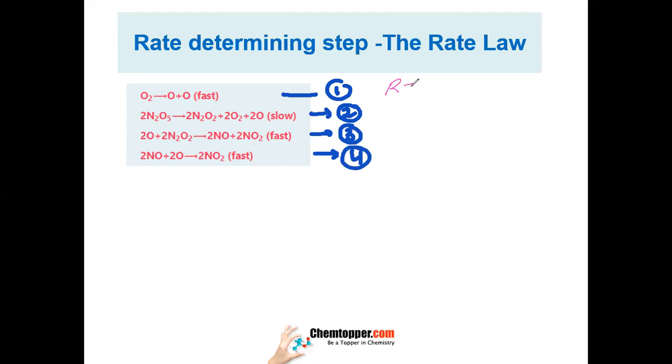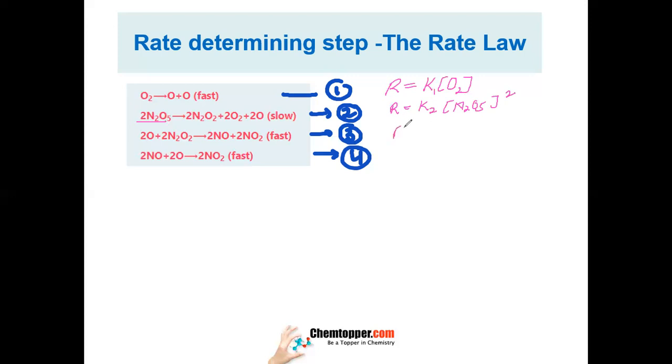Rate law for the first step is K times concentration of O2. This K is different for different steps. Second step, rate law is K times N2O5 raised to power 2. These Ks are not the same. They are different. You can write K1, K2. This coefficient, these are elementary steps, right?